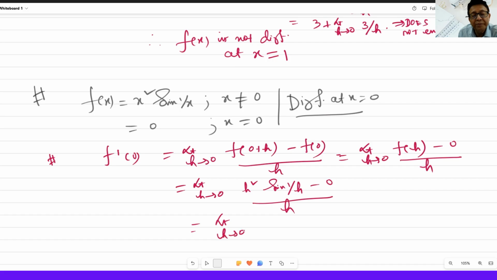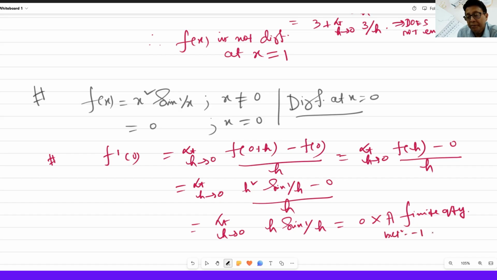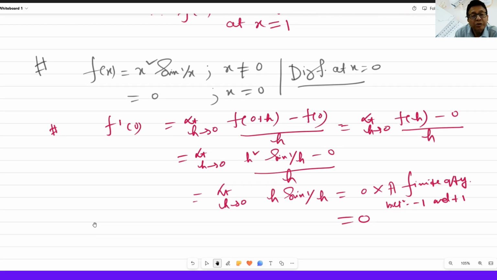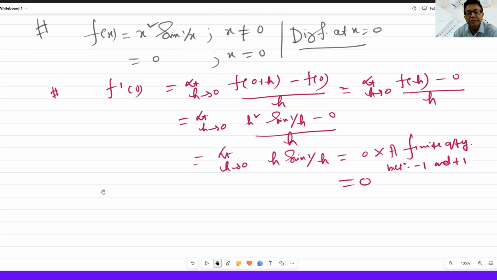So this will be h tending to 0, h sine 1 by h. 0 into a finite quantity between -1 and +1. So the result is going to be equal to 0. Okay? So the function is differentiable at x equal to 0.